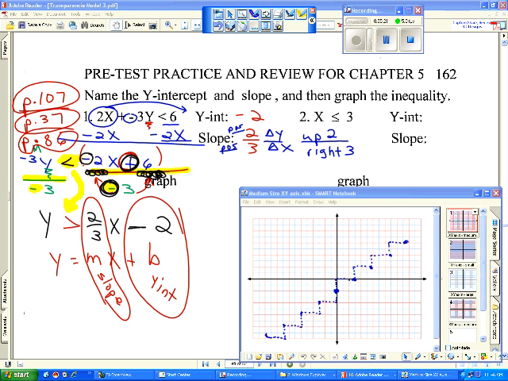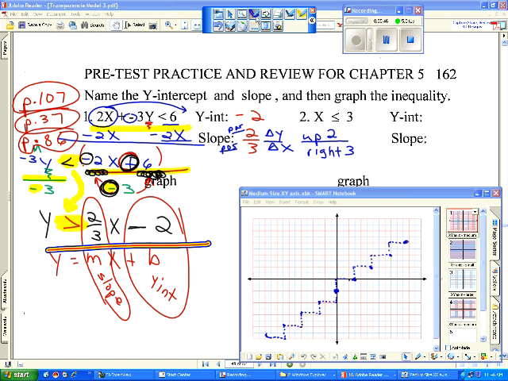Is my line going to be solid or dotted? Where do we look to see how to do our shading and dotting? Not where we started, not while it's still in standard form, but down here where we finished writing it in slope-intercept form.